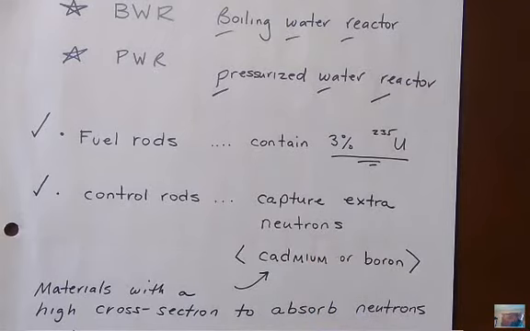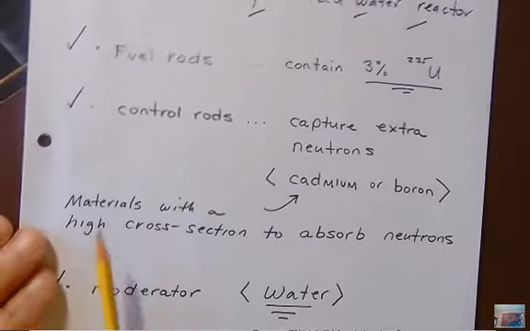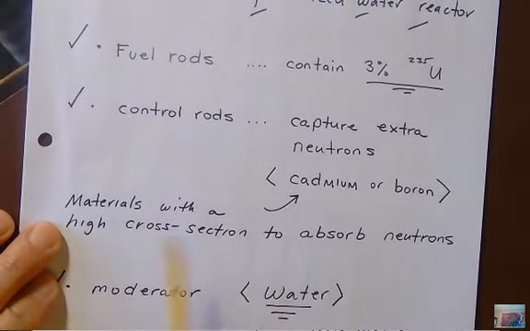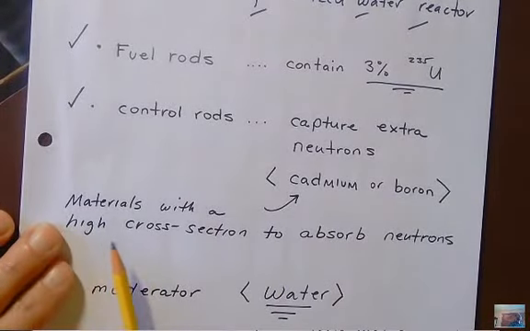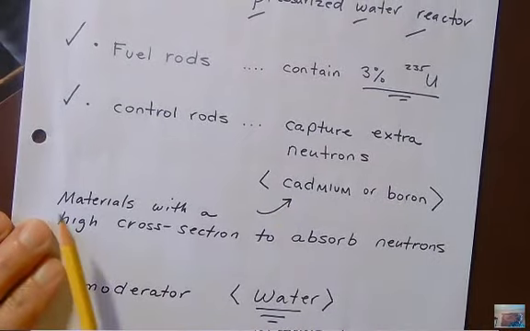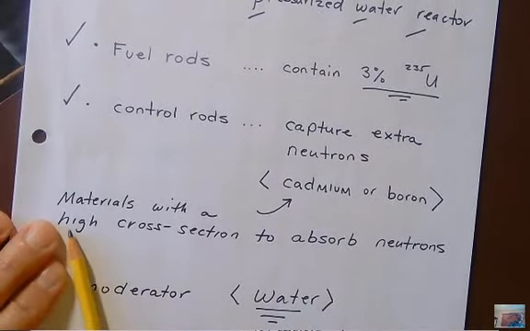So we now have computers that move the rods in and out based on how many neutrons the detectors see in the nuclear pile. Okay, so the control rods are materials with a very high cross-section, which is just a term which means the high ability to capture or absorb neutrons.